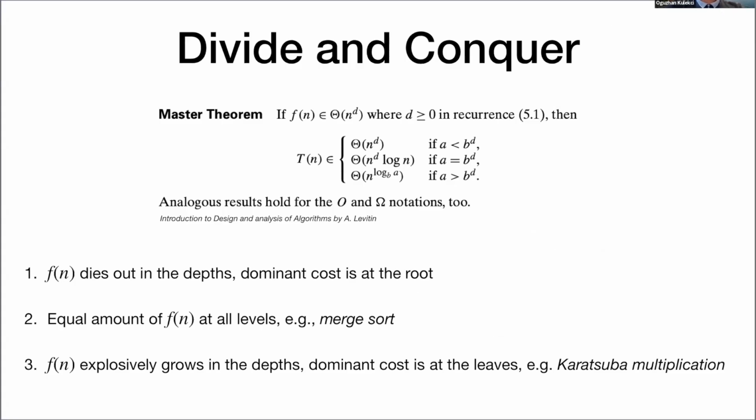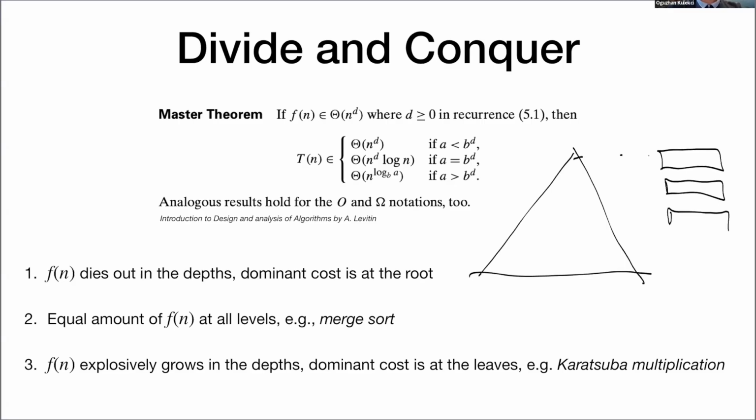In the second case, your multiplier and your divisor are equal. That means in this triangle, at each level, you have an equal amount of work. Since you have an equal amount of work, it's easy, right?